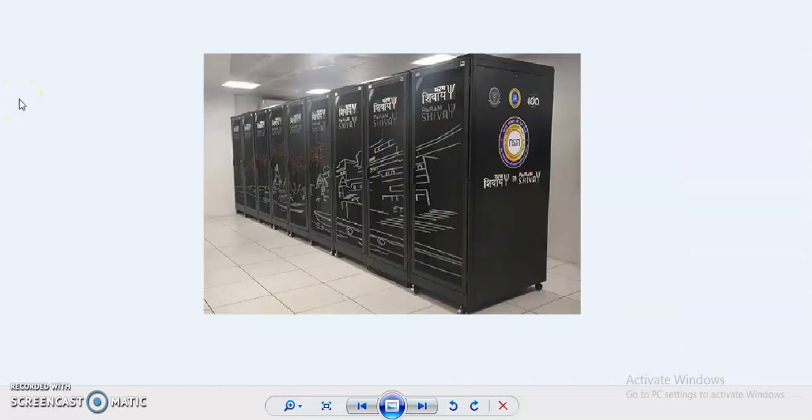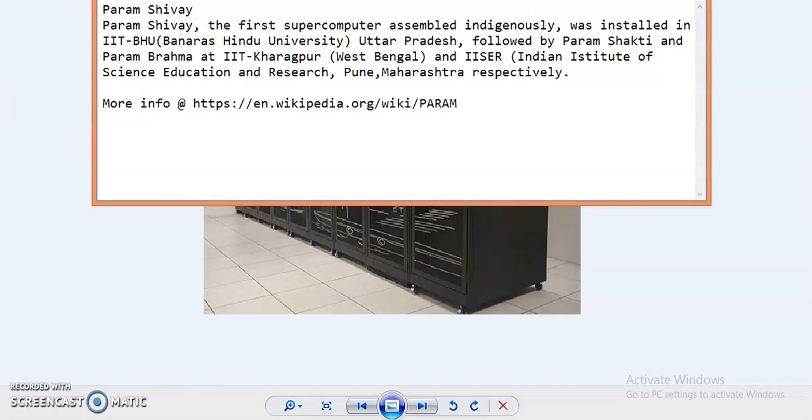So this is the real image of India's indigenously built supercomputer. The name of this supercomputer was Param Shivay. It is very commonly known as Param, and there are many series of computers that came with the name of Param. So we have a Param series. More information about these supercomputers: Param Shivay, the first supercomputer assembled indigenously, was installed at IIT BHU.